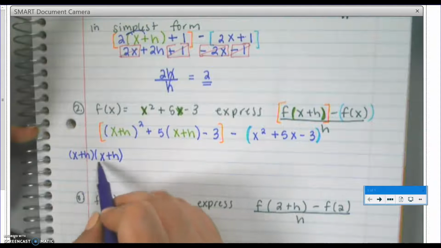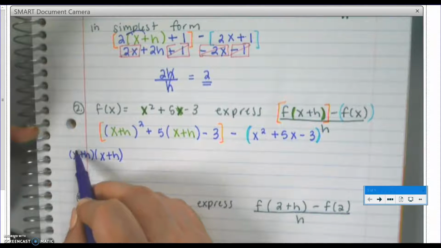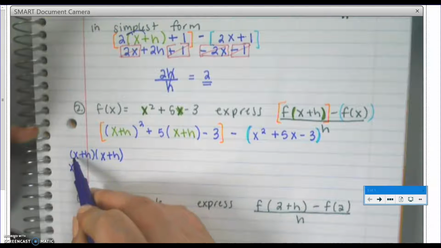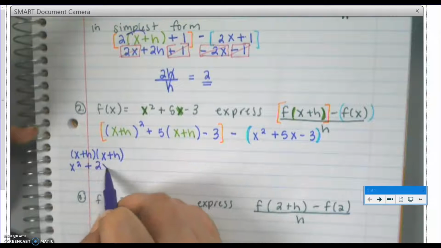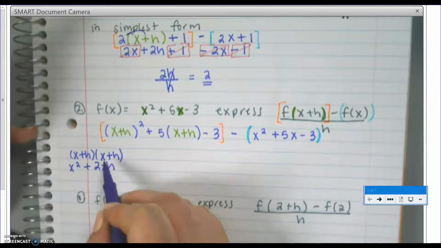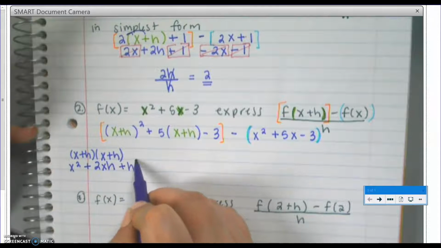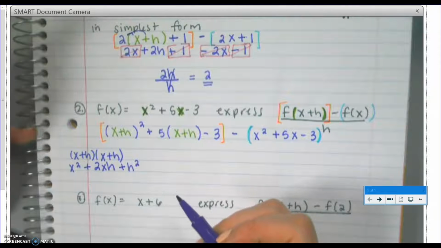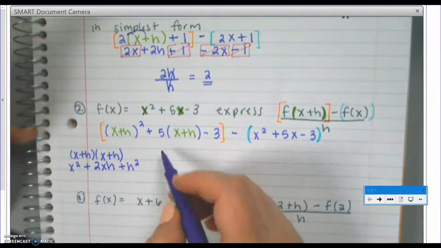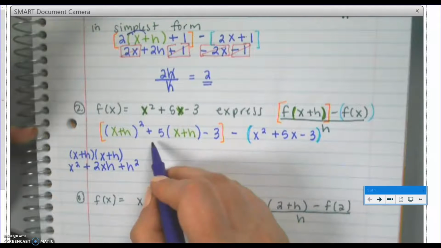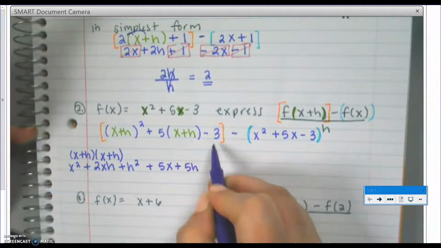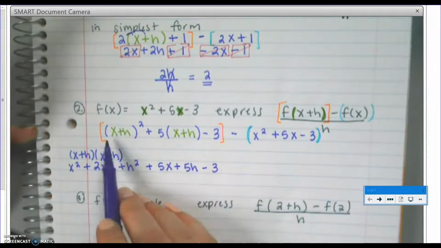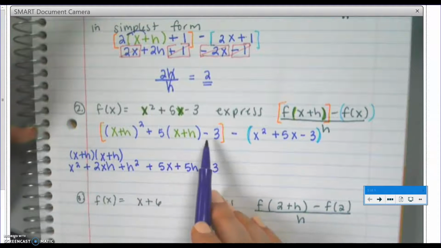So if you set up a 2x2 box or you FOIL, x times x is x squared, x times h plus another x times h gives me 2xh, and then h times h is h squared. All right, so that's this piece. And then I have to distribute the 5, and then minus 3. So now everything in this first bracket has been multiplied out.